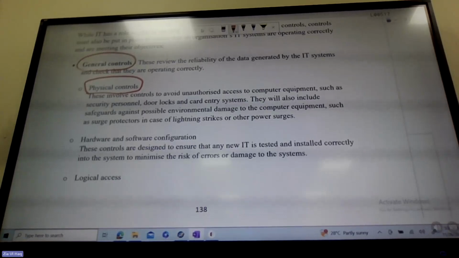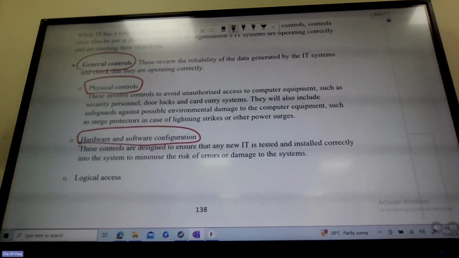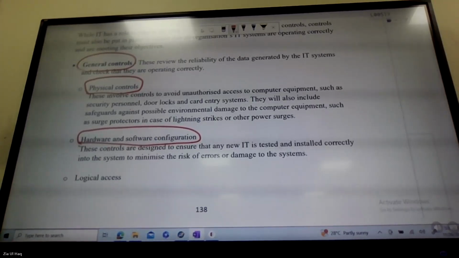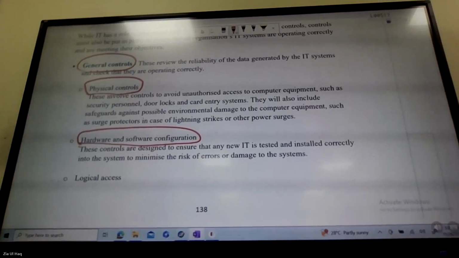General controls also include hardware and software configuration. Whenever you are implementing new hardware or software in the organization, the staff should be given training for the usage of that system. And there should be testing of the system before putting it into operation.